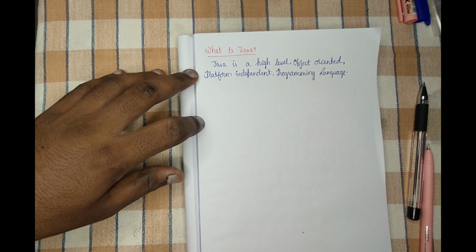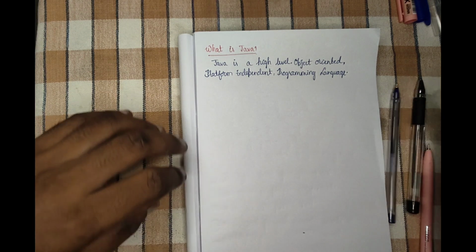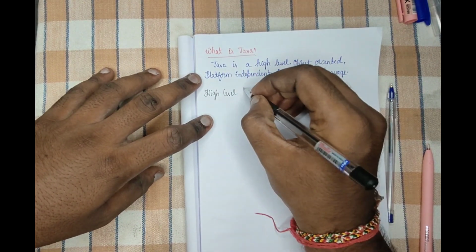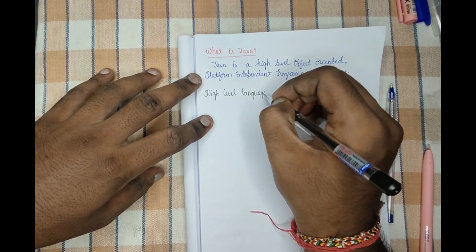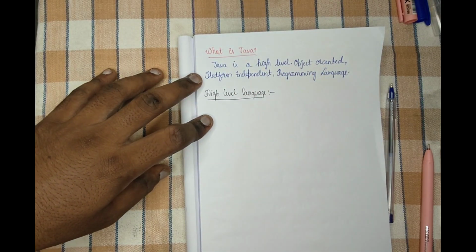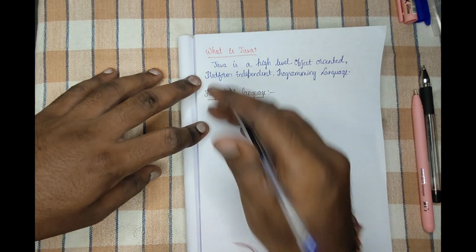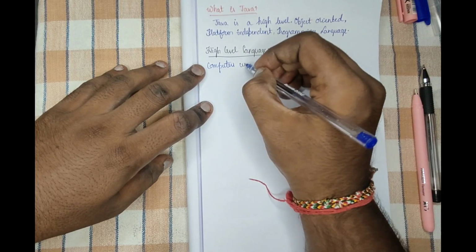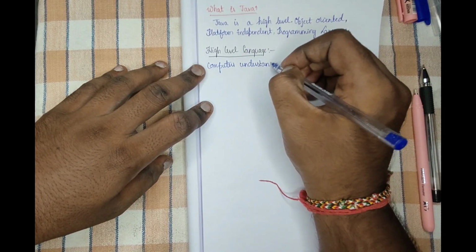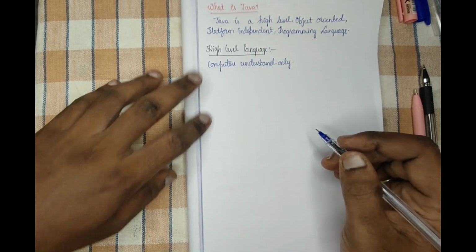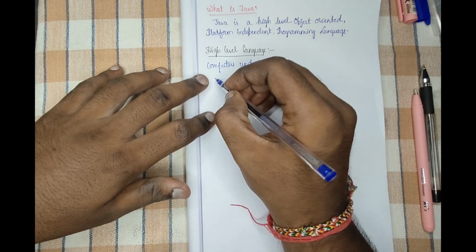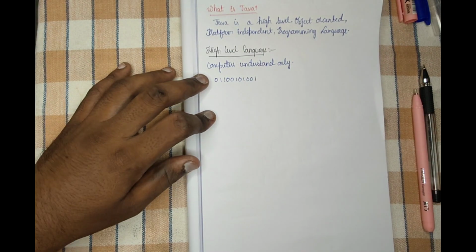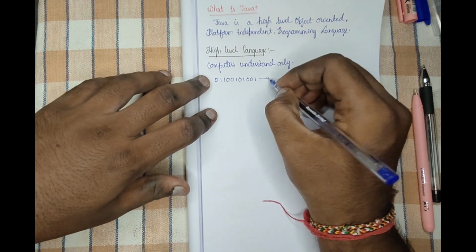First, high-level language. Computers understand only binary codes like 0 1 1 0 0 1 0 1 0 0 1, and so on.